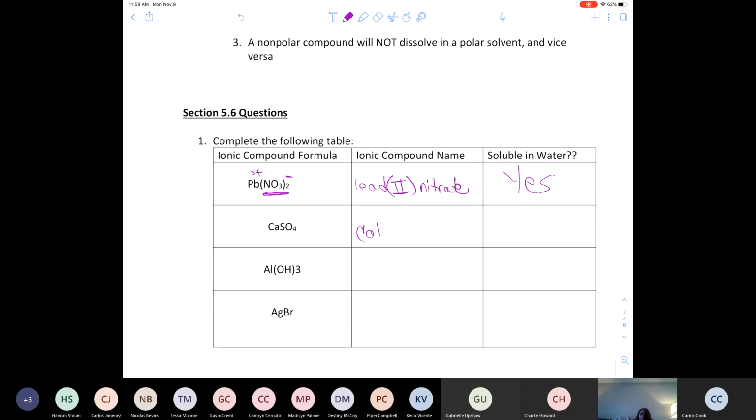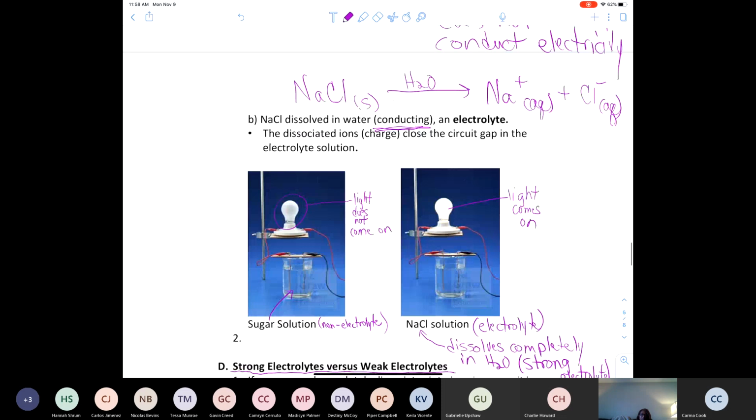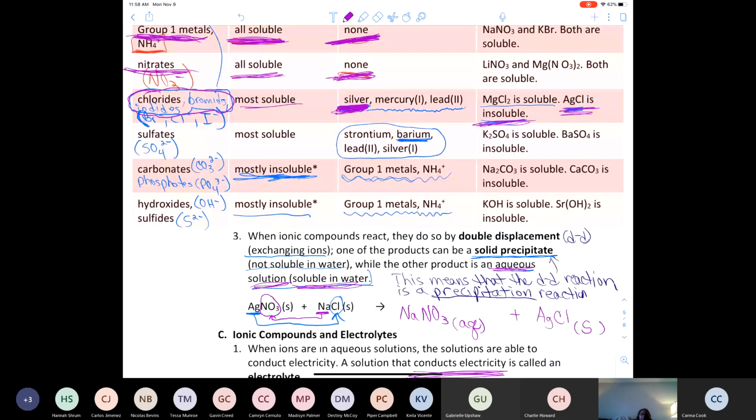Here we have calcium sulfate. Based on the solubility rules table, will this be soluble in water? So you've got a sulfate polyatomic. They're mostly soluble, except for if the sulfate is paired with either of these four.